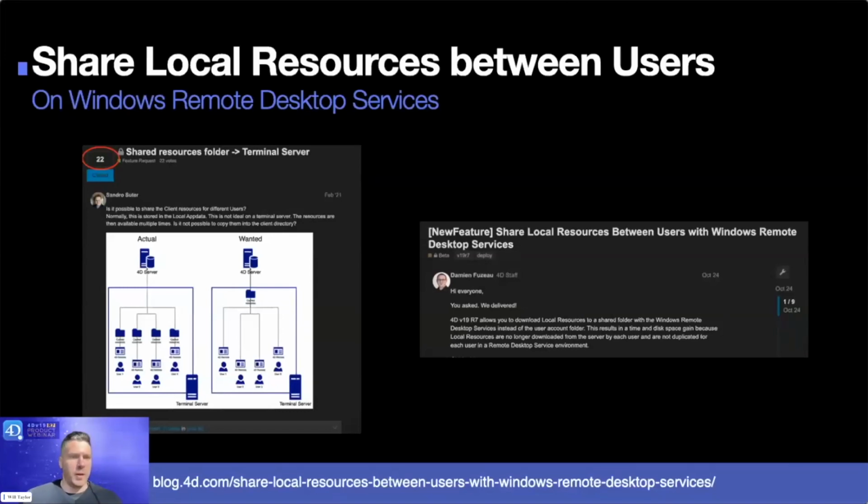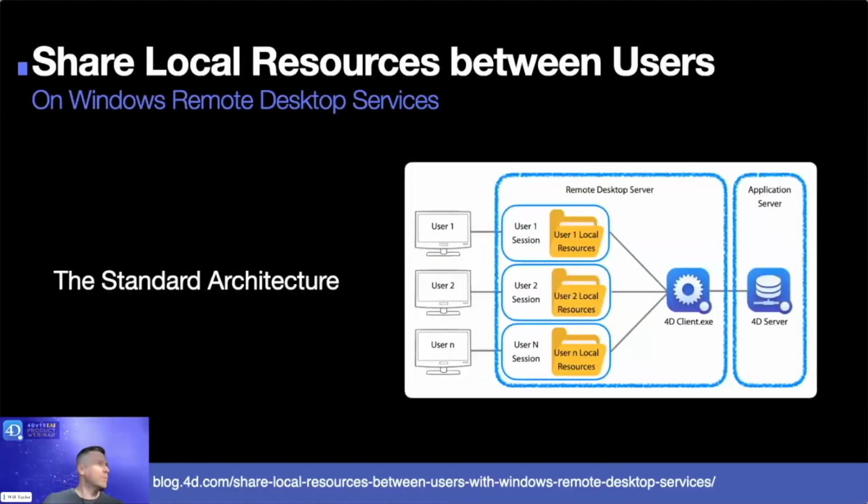If you're one of the developers who asked for a feature that allows for the downloading of local resources to a shared folder with the Windows desktop remote services instead of to the user account folder, then 4D 19 R7 is bringing great news for you. Before, this is how it worked.